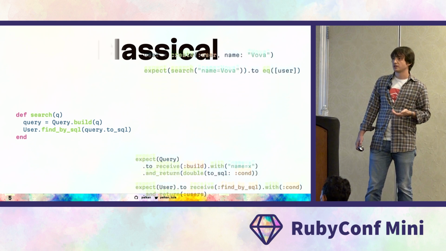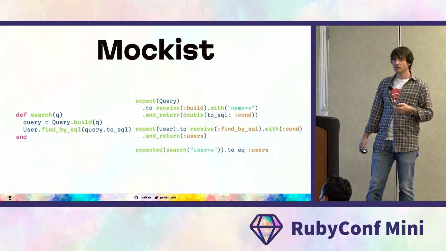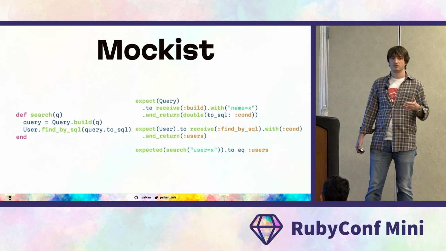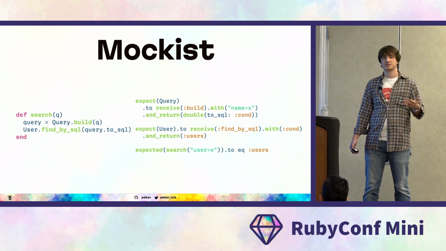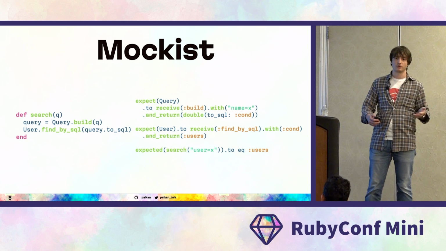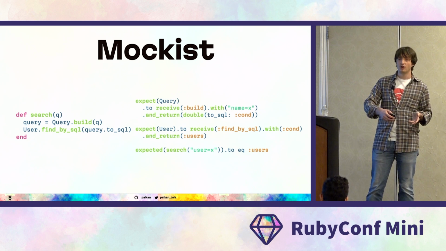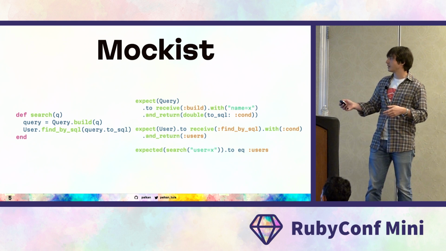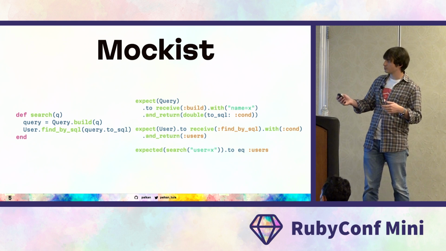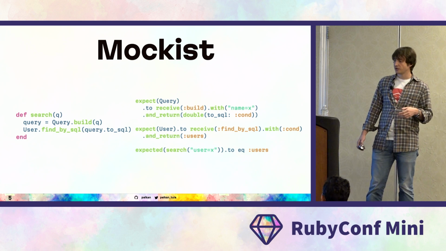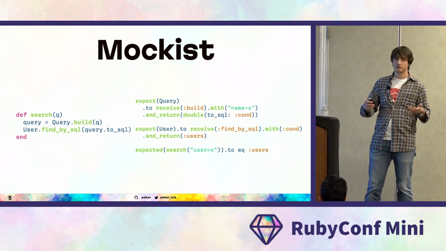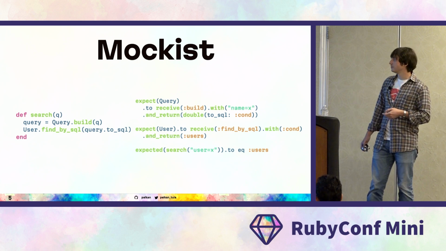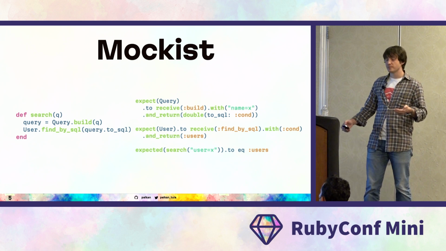If you're the mock style developer, then you first identify the dependencies you have in your method, and you isolate them. You don't want to test the dependencies in this method test. You only want to test this particular method. Okay, let's replace the query and user classes and their objects with some fake objects and just verify that our method uses them correctly, that our method communicates with them correctly. That's just a matter of style.